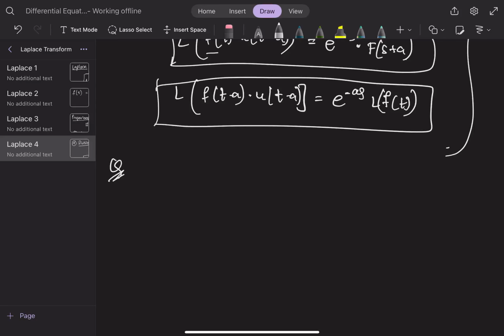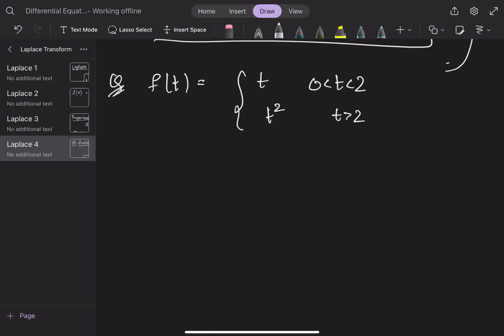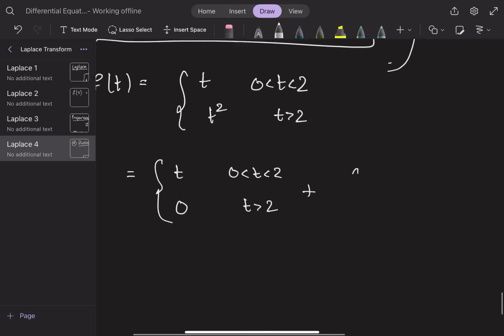So you have f of t is equal to t from 0 to 2 and t square when t is greater than 2. So let me show you guys how we actually solve this. We are going to write this as t, 0, plus 0, t square.